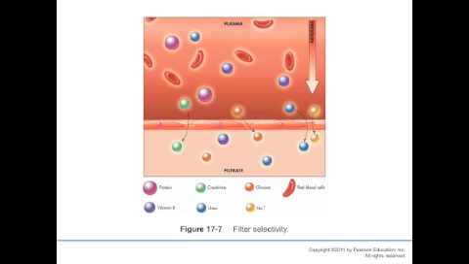So if you have pores or openings in the filter that are so small that they won't allow certain things to pass through, then those things are kept from passing. Those might be examples of things like red blood cells and proteins that are kept from being put out into the filtrate. Things that are a smaller size are allowed to pass through.